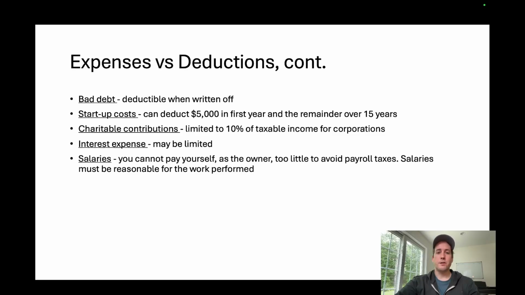So you can't just pay yourself $1,000 or $2,000 for something that you would pay an employee $100,000 for. So there isn't a bright line rule here like thou shalt pay yourself this amount of money, but it's more of like a reasonable threshold. You do have some wiggle room here, but it does have to be a reasonable amount that you pay yourself.